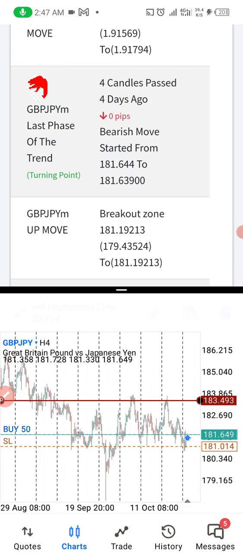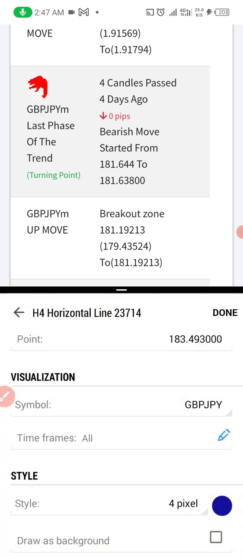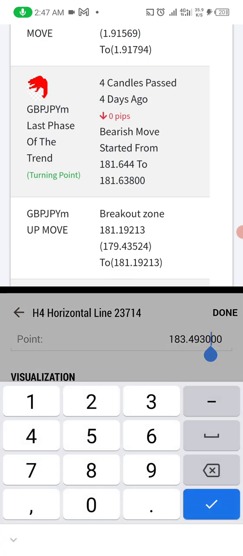This is my plot A. Let me change it to blue. So my plot A has 179.43524.